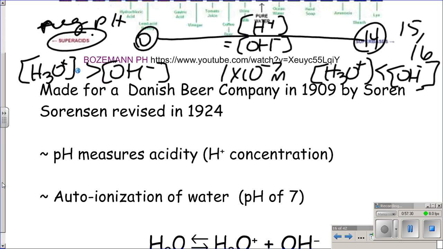We need to come up with a way to test our product before we send it out to the customers. So he came up with the pH scale to say, okay, the happy region is here. This is bad. This is death. This is good. He wanted to make sure their customers survived. If not, they're out of business, right? So it was all from the business perspective. I thought that was kind of cool to include. But with pH, does anybody know what the P stands for in pH?